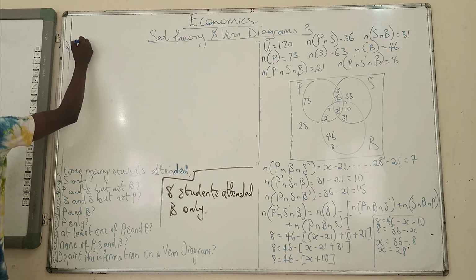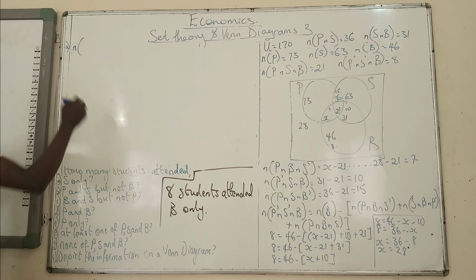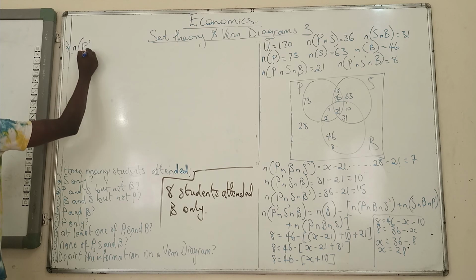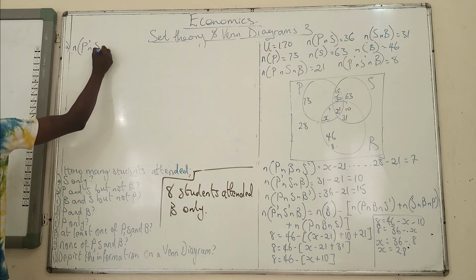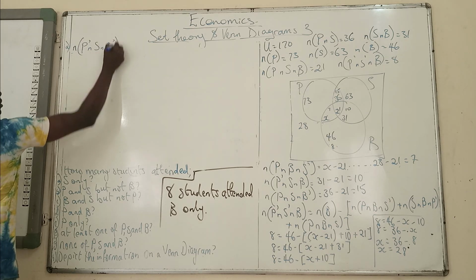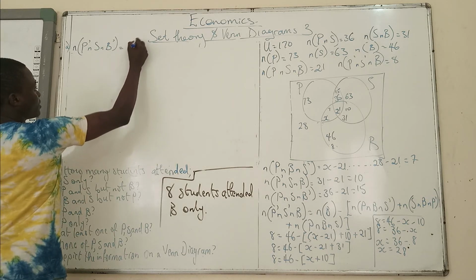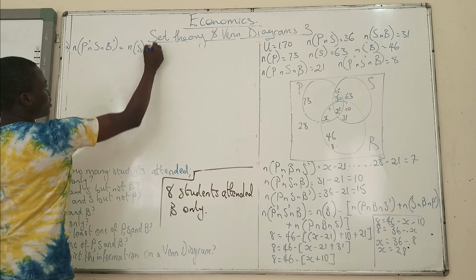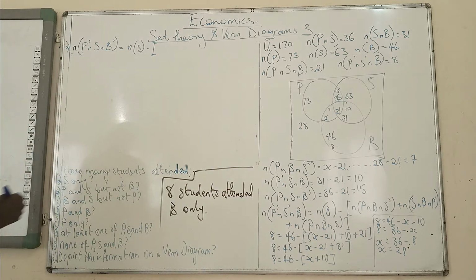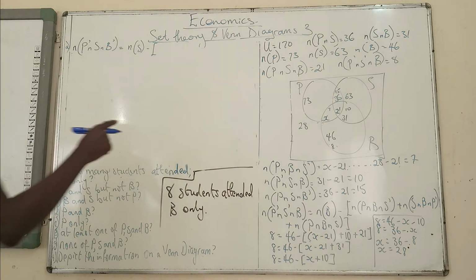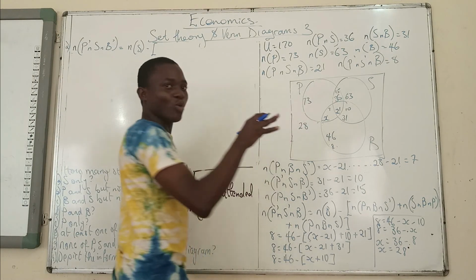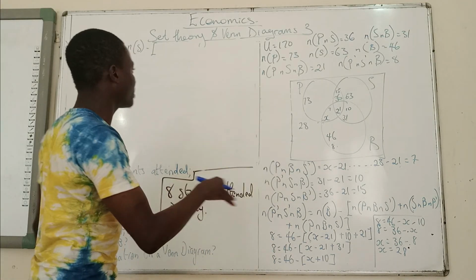That's n of P prime intersection S intersection B prime. So that equals the cardinality of S, the number of students that attended secondary school, minus, you open this bracket, the cardinality of people that attended primary and secondary school only. So it is easier to do the subtraction like that.